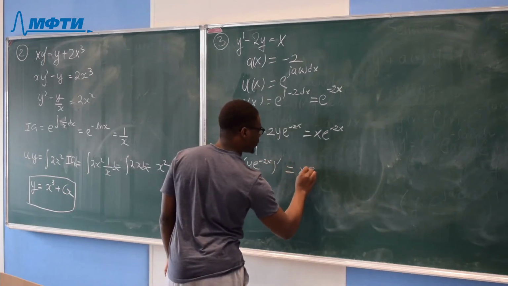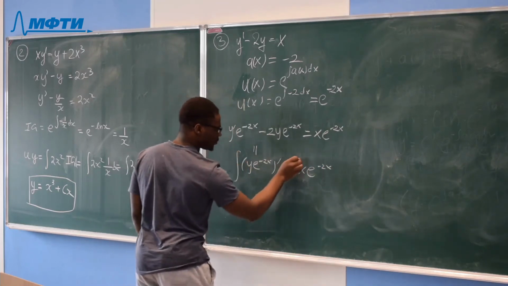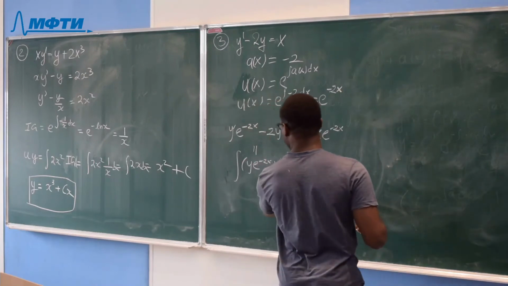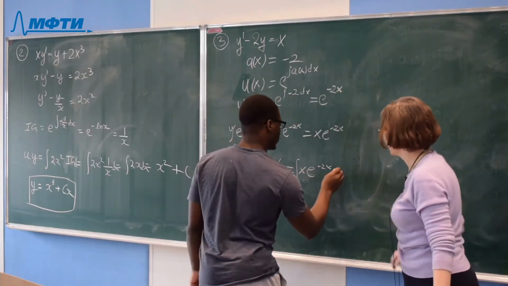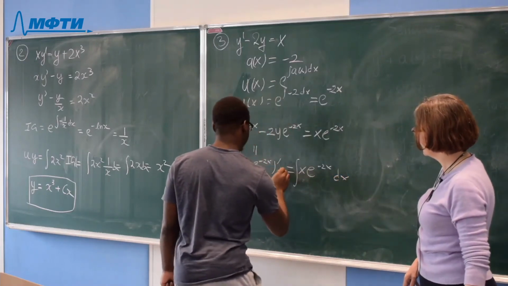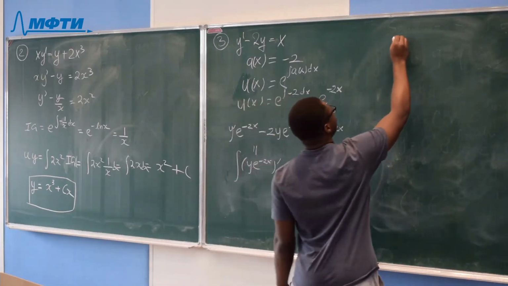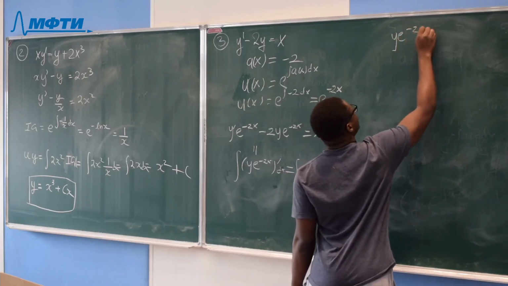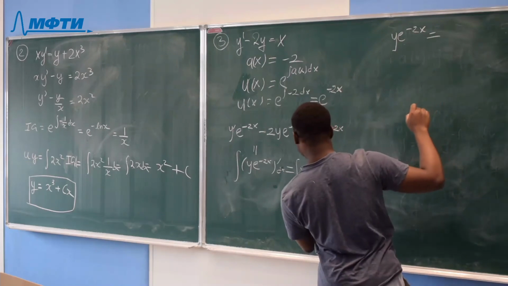And then integrate, dx. So y times e to minus 2x equals this integral.